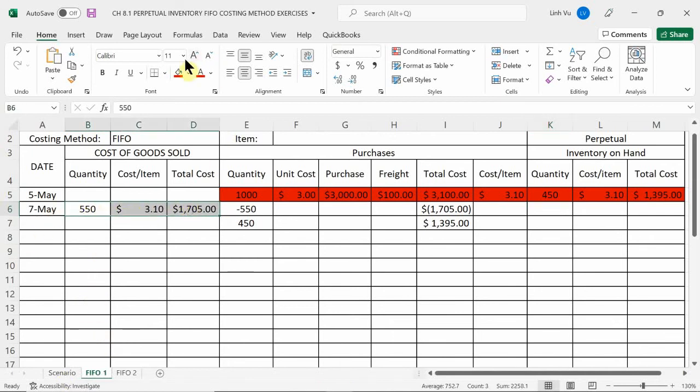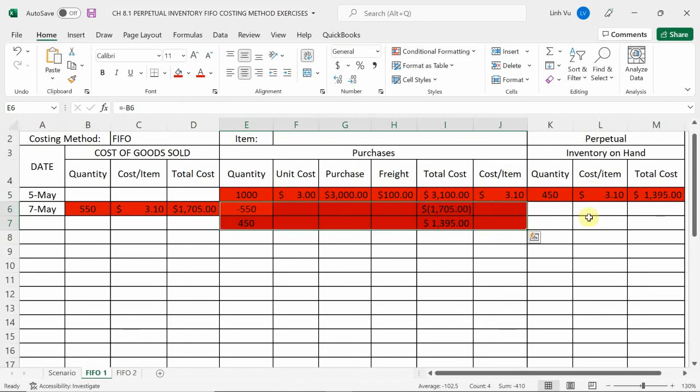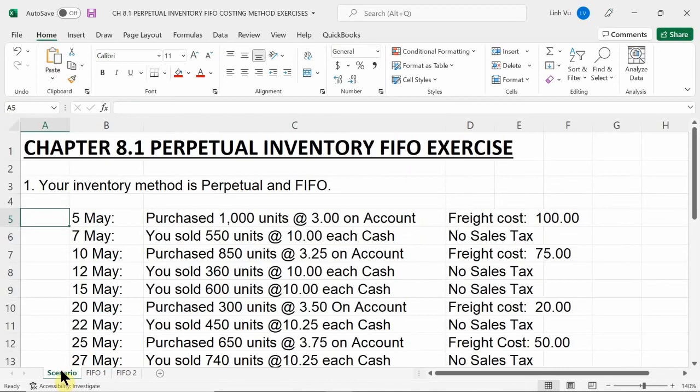So again, we sold from my red batch. This was all my red batch transaction here, giving me my ending red balance of $450. All right, so let's see what's next.